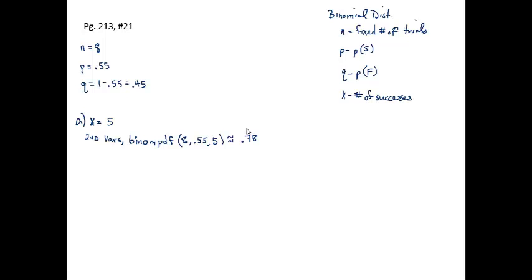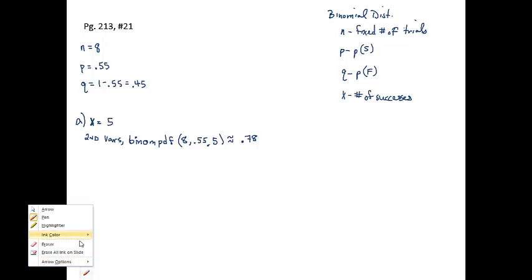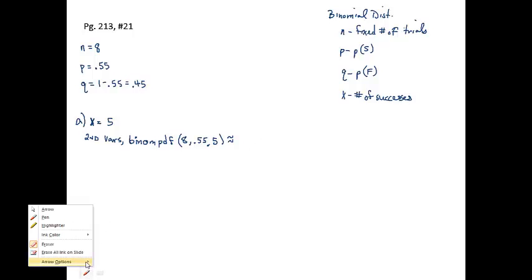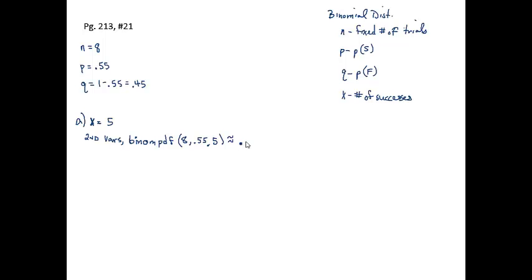Alright, 0.256. Do you know what I did in my calculator to get the wrong answer? Yes, instead of doing PDF, I did CDF. So this is 0.257. Okay? So the probability that exactly 5 said they would feel secure is about 25%.